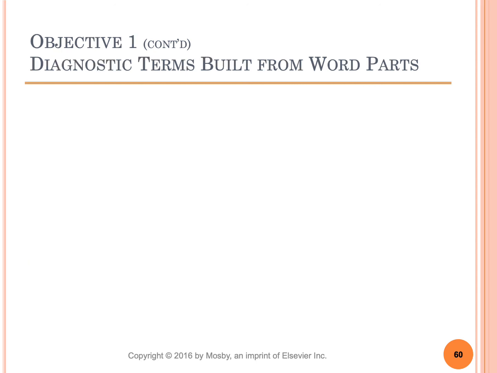Some diagnostic terms that are built from word parts. Let's look at those. First one is colonoscopy. Remember, colonoscopy, we are performing a procedure where we're looking into the colon, to see what's going on there. All right.